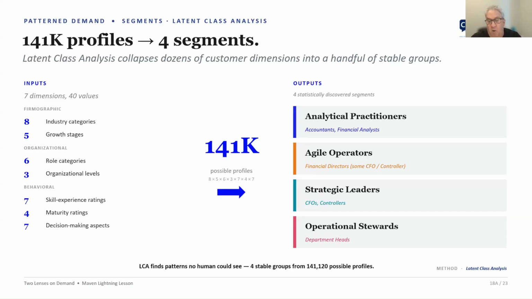That realm of possibilities gets into the hundreds of thousands of different profiles that you might find, where everyone has very unique and different needs depending upon organizational level, role, stage of growth, industry, and so forth. But to build product, it's very difficult to go one-to-one.